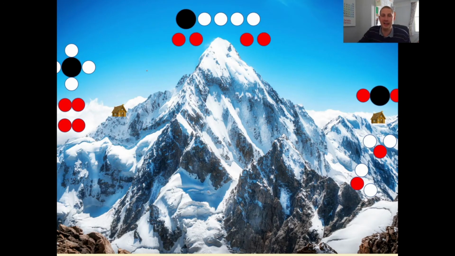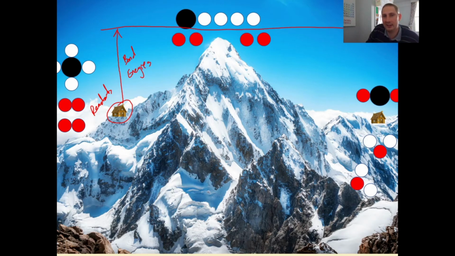So let's have a look here. It's the same idea. This village is our reactants, and we know how much energy is needed. These are the bond energies. We know how much energy is needed to atomize the reactants and go up to this reference point here. We also know the bond energies of the products and how much energy is needed to turn the products into atoms.